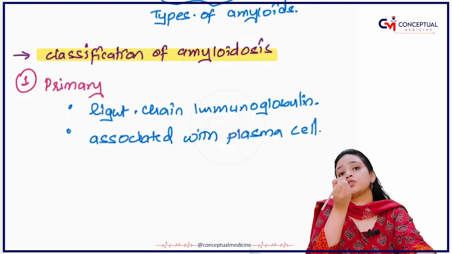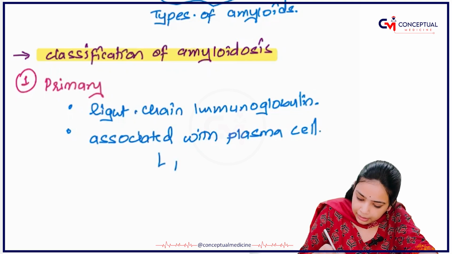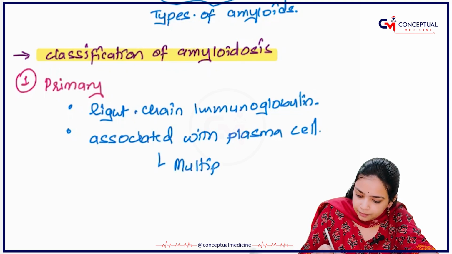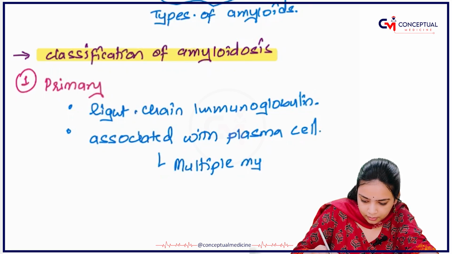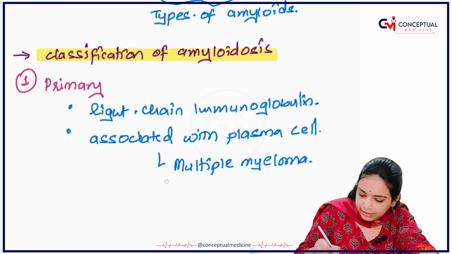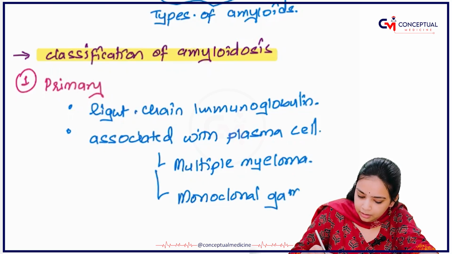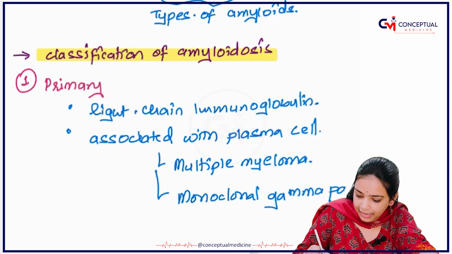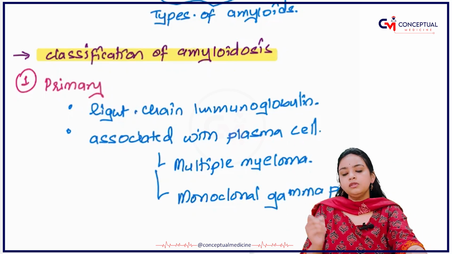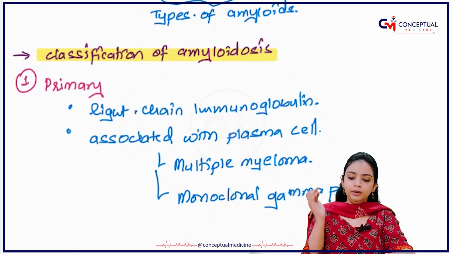What are the plasma cell disorders that you know? First one is multiple myeloma. Second one is monoclonal gammopathy. So this is all about the primary.